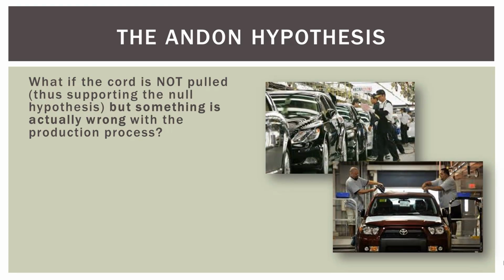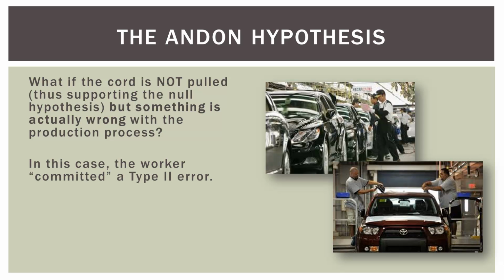Now, what if the cord is not pulled, thus supporting the null hypothesis, but something actually is wrong with the production process? Oftentimes a worker might be afraid to pull that cord because they don't want to be blamed for stopping production. And this is especially true in American manufacturing systems, where, at least previously to Toyota coming onto the scene, the idea was to produce as much as possible, as fast as possible. So what if the cord is not pulled, but something is wrong?